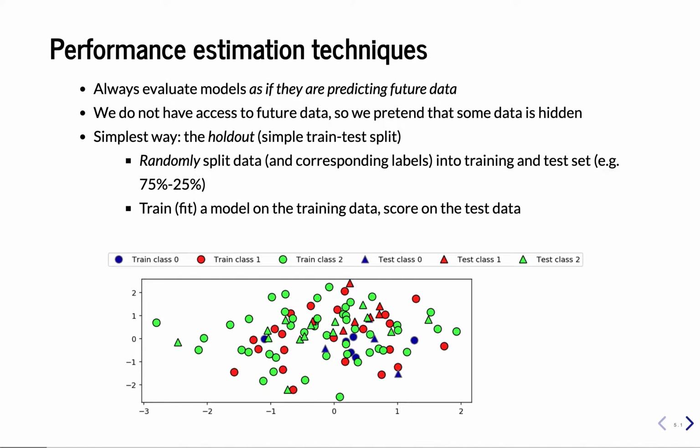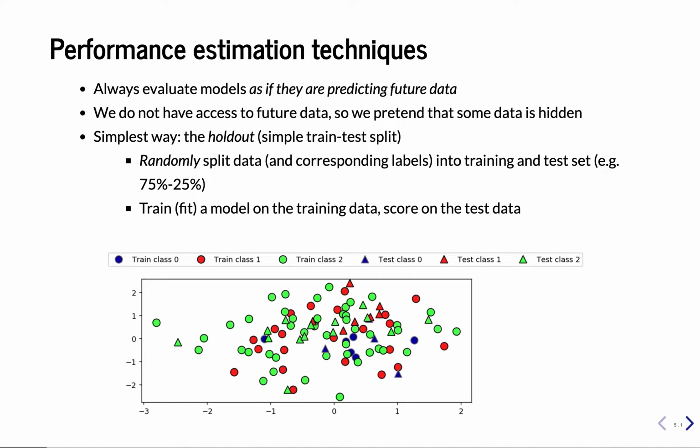Okay, now there are different ways to evaluate machine learning models. And the crucial aspect of any of these is that you should mimic the real world situations as closely as possible. Right? If you're given a data set or you have collected a data set, that's only a snapshot of the real world. And we need to use that in a way that we can test our machine learning models as closely as possible to how they will be used in the real world.